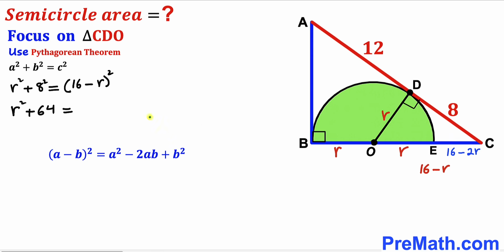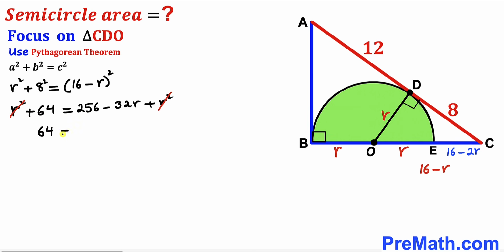Applying it on the right hand side gives us 256 minus 32 times r plus r square. Now this r square and this r square are gone. So we end up with 64 equals 256 minus 32 times r.